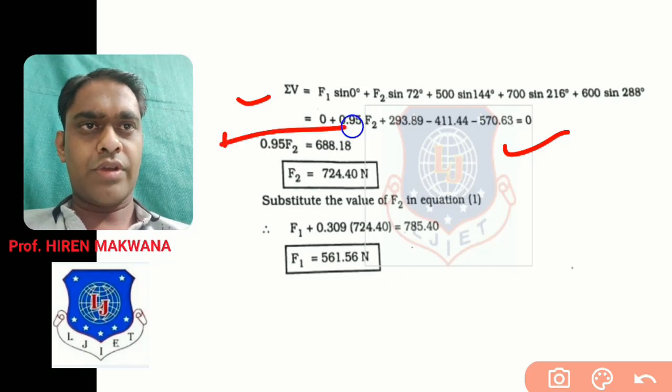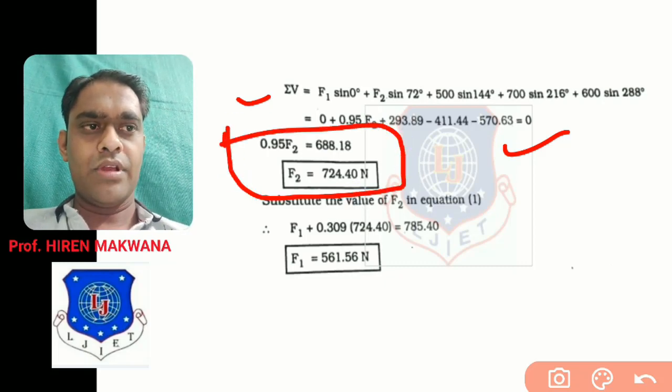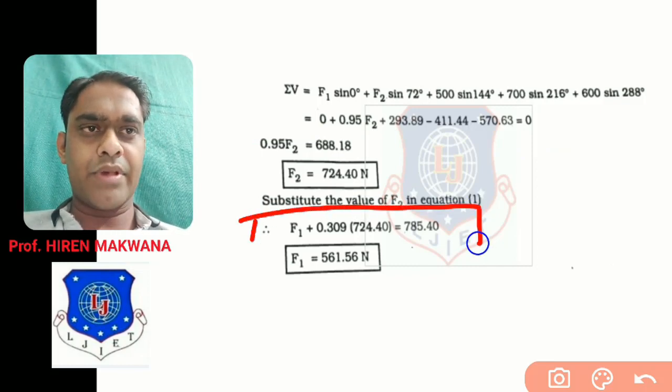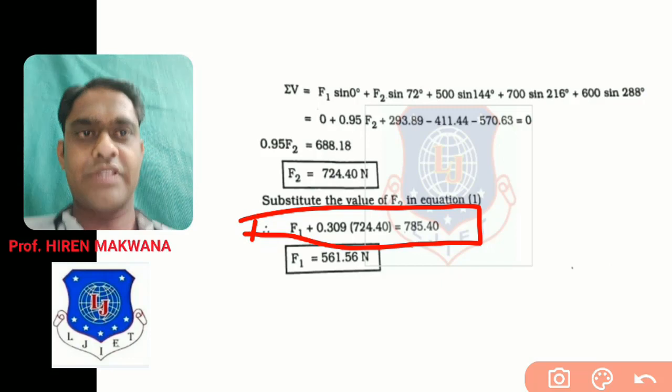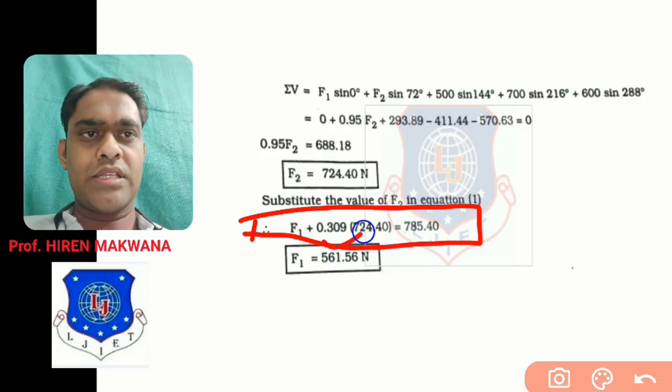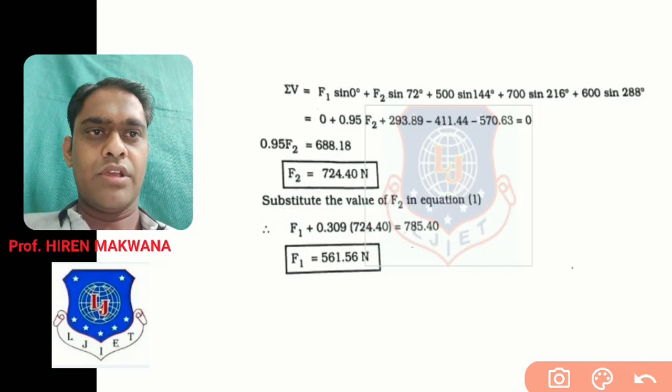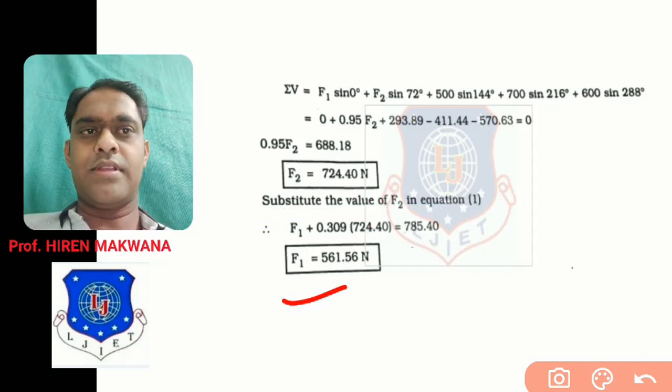From this equation you can find the value of F2, and after finding F2, replace this F2 in equation number 1, which we have seen earlier. In that, replace F2 with 724.40. By simplification you will get F1 equal to this answer.